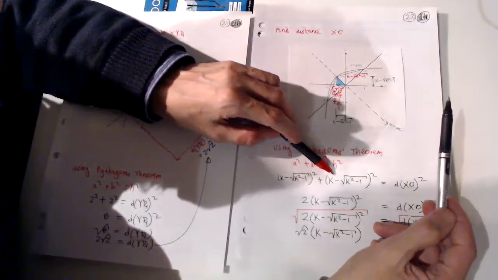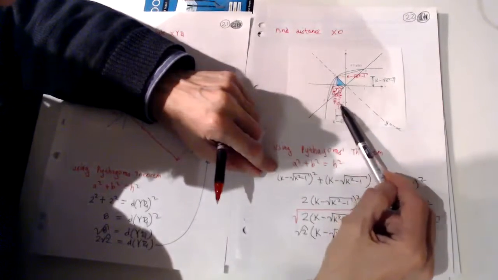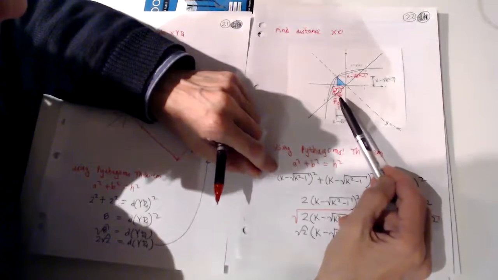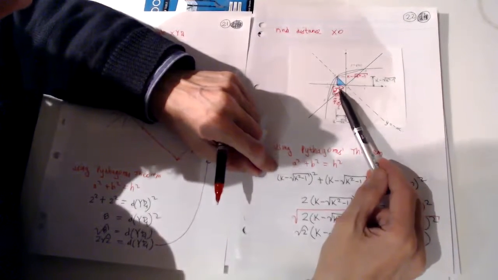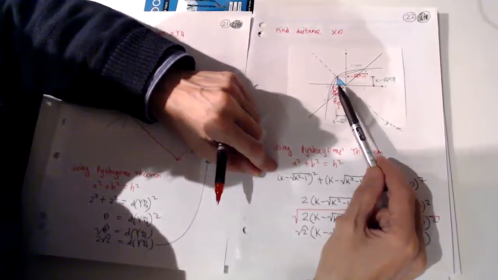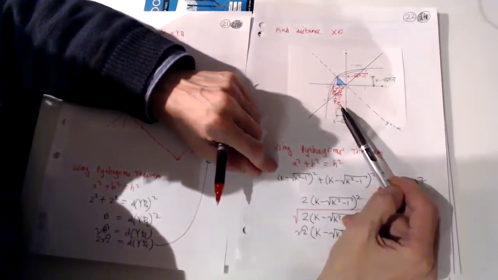All right, so be careful about this part here. Yes, the x-unit here is -k plus square root of k squared minus 1, but to work out the actual distance from here to here, you've got to take out the negative.